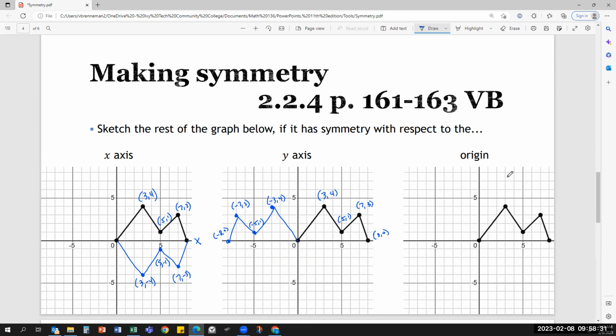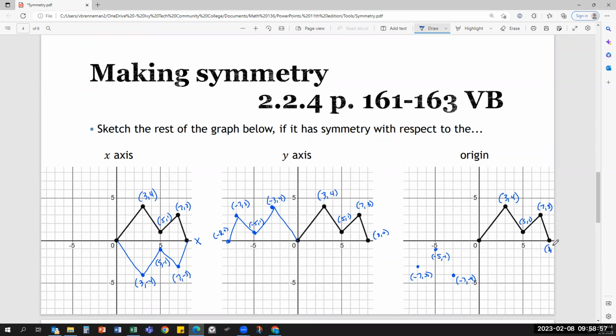Symmetry with respect to the origin. Now each of these pieces needs an opposite x and y. So 3, 4, we're going to have -3, -4. 5, 1, we're going to have -5, -1. And then 7, 3, -7, -3.